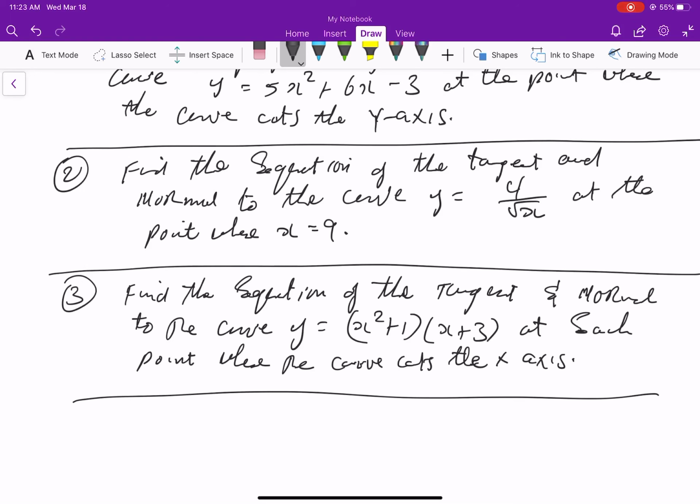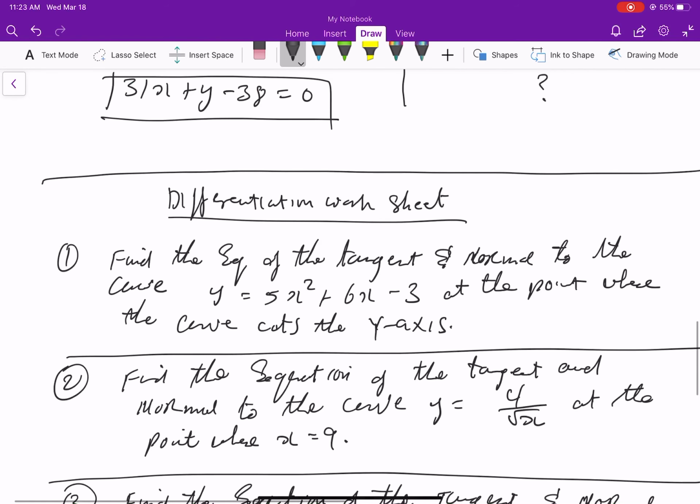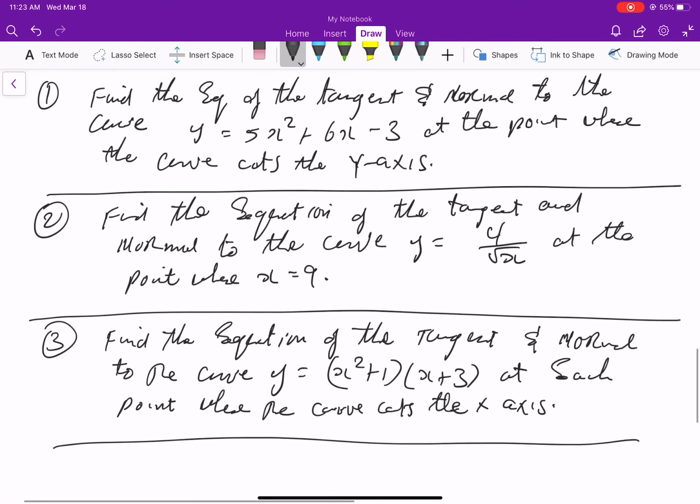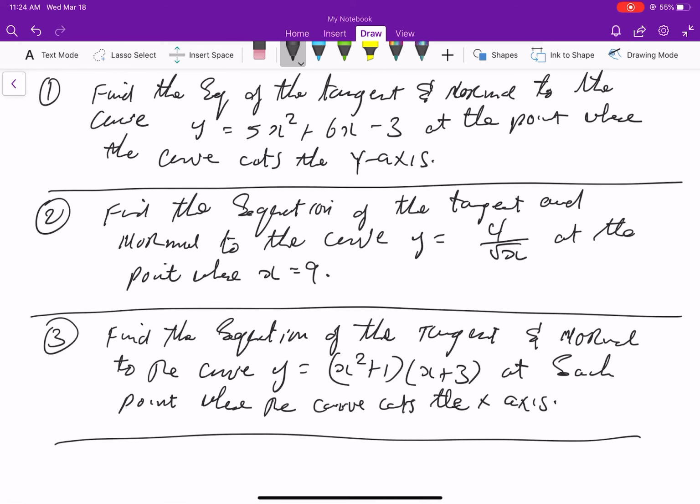The second was how to use the gradient function to find the gradient of a curve at a point, and hence the gradient of a tangent to the curve at that point. And then this third tutorial dealing with using differentiation to find the equation of a tangent and the normal to a curve at a given point or at several points. All right, that's it.